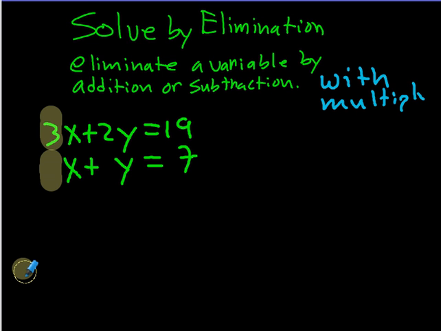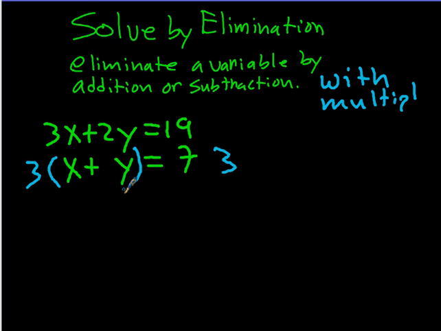So I could multiply the bottom equation by 3, so that I get 3x plus 3y, and I get my x's matching, or I could multiply the bottom equation by 2. Really doesn't matter.